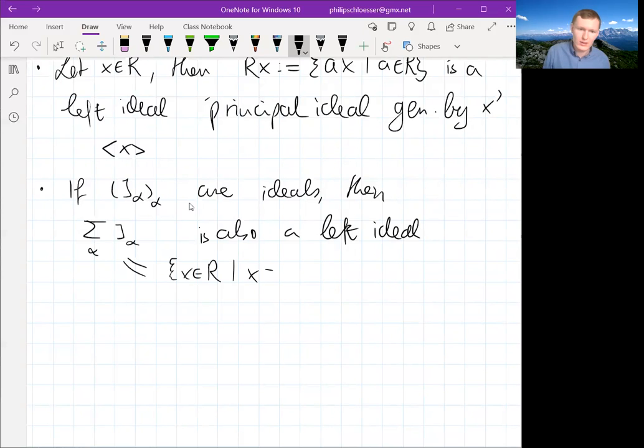So x can be written as x1 plus ... plus xn, where every xi is contained in one of these ideals here.